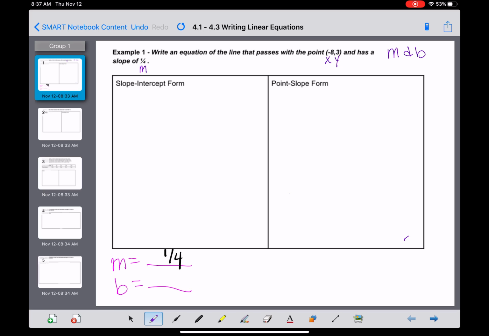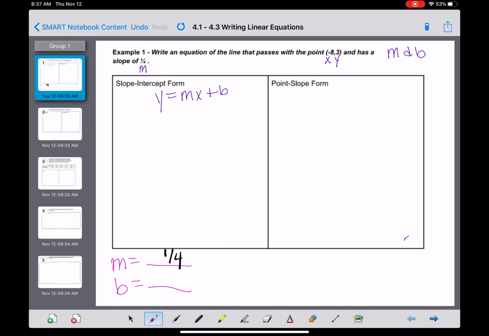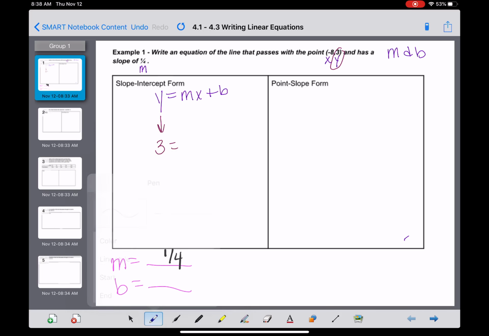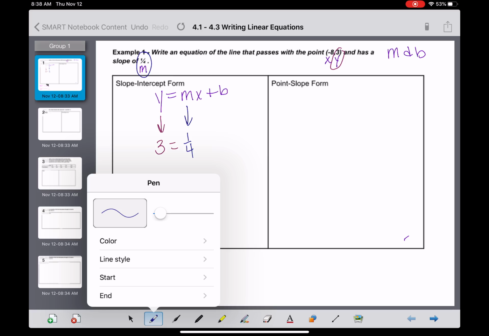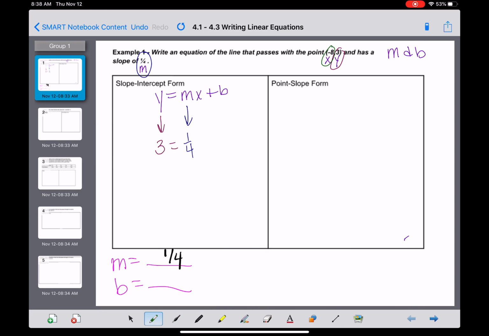So the first method is using slope-intercept form, y equals mx plus b. We were given 3 out of the 4 numbers. So we were given that the y value is 3. The slope, or the m value, is 1/4. The x value is negative 8.